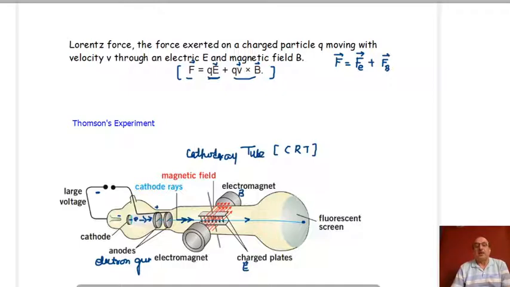The complete arrangement is the cathode ray tube, and the experiment in which we will find the charge to mass ratio is called the Thomson experiment. Inside the Thomson experiment, we will find the charge to mass ratio of the electron.